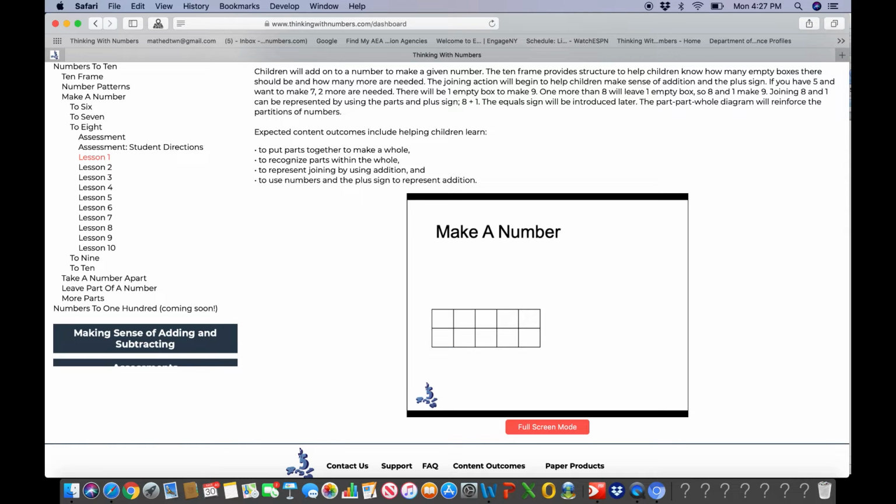Make a number. Whoa, how many dots came in? 6, that's right. How many more are needed to make 8? Can you talk out loud while you're thinking to solve this problem?